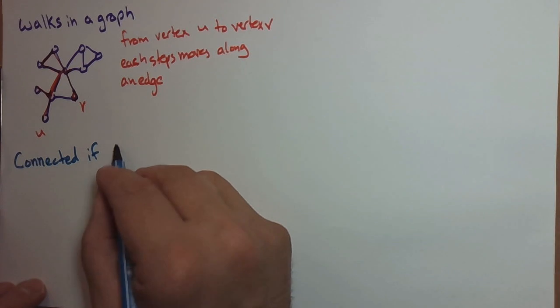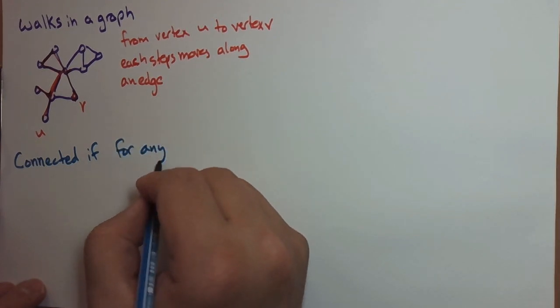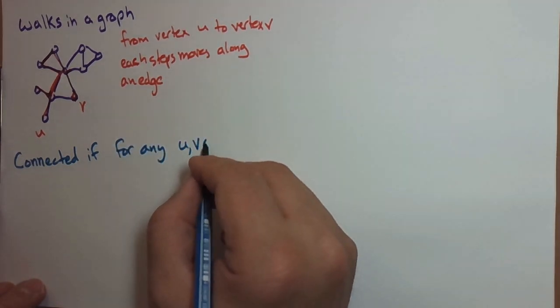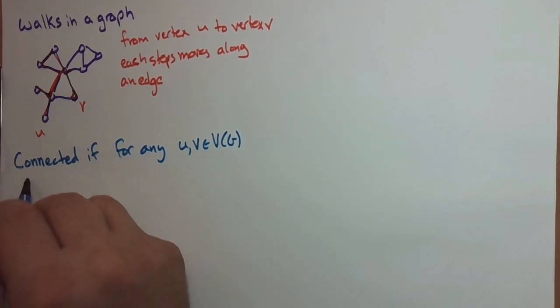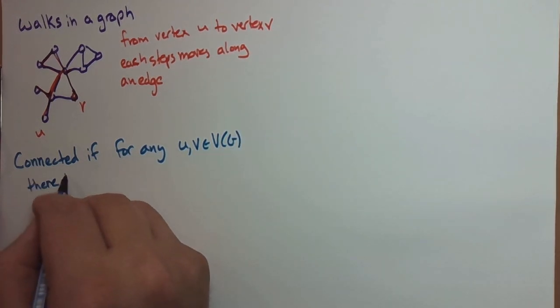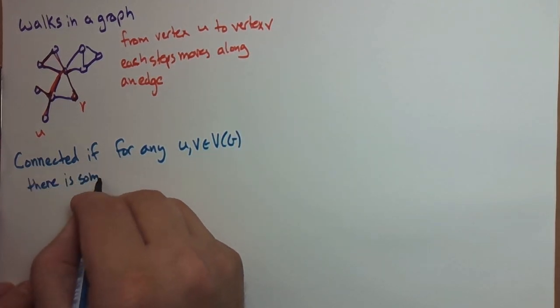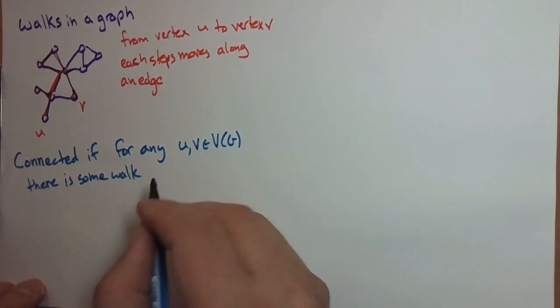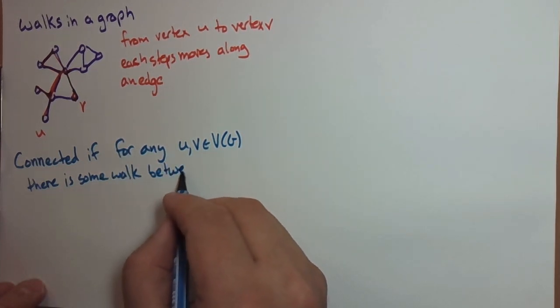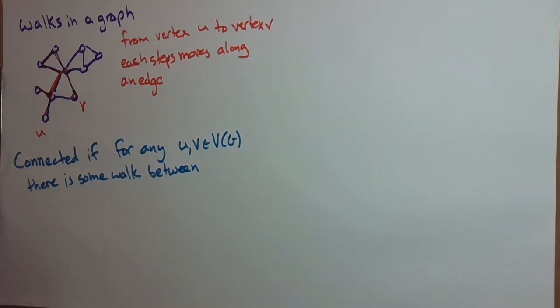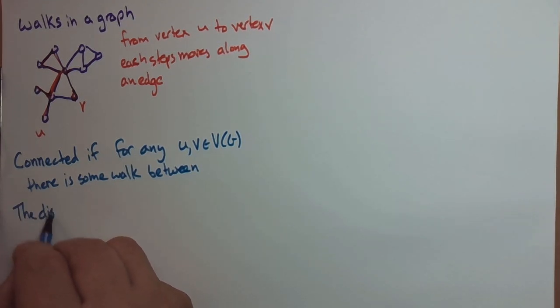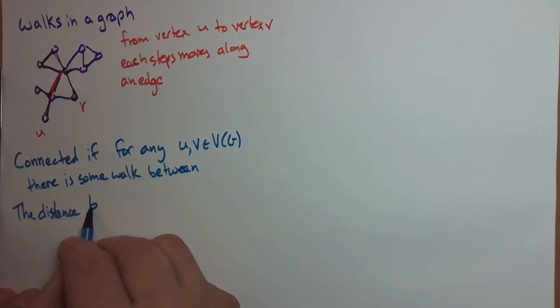Connected if for any pair U, V in the vertices of G, there is some walk between them. And again, we don't need to worry about efficiency. Okay, so what is the distance between U and V?